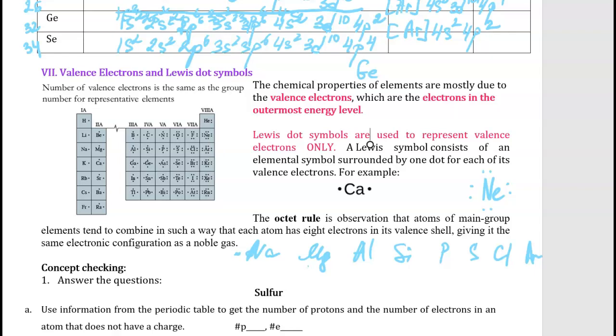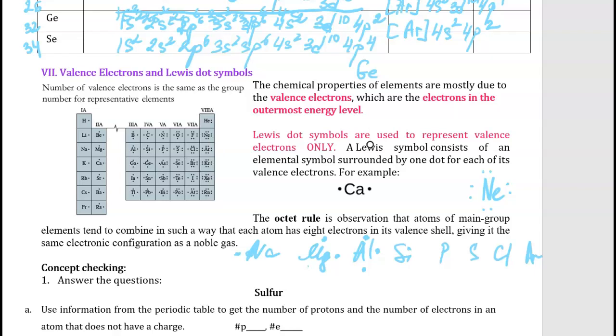Magnesium has 2 valence electrons because it is from group 2, so 2 dots. Aluminum will have 3 dots, 1, 2, 3, and as you can see, there are no pairs, because you need to fill 4 spots around the atom, and after that you can put additional dots to make pairs.